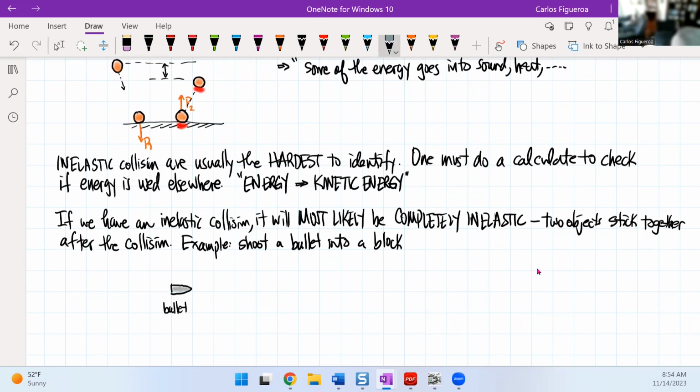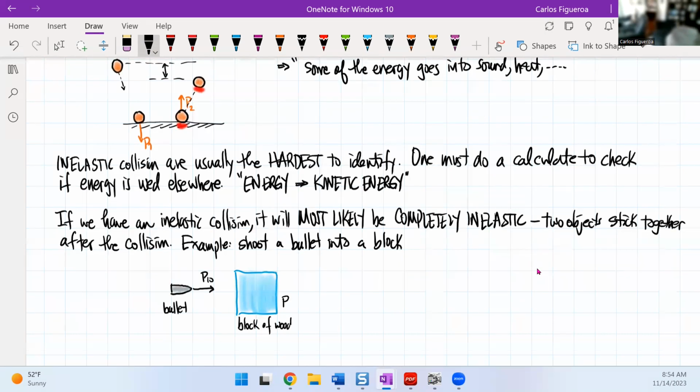And I'm shooting this with some initial momentum. Then what I'm finding here is that I have a big block, a big block of, let's say, wood. So this would be my block of wood.